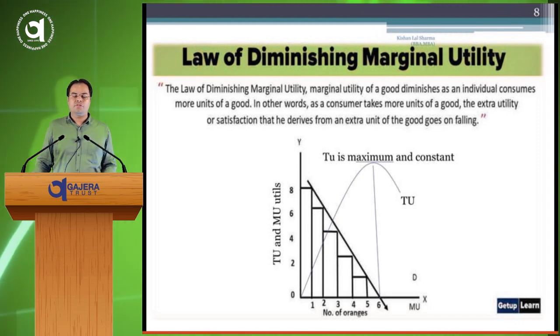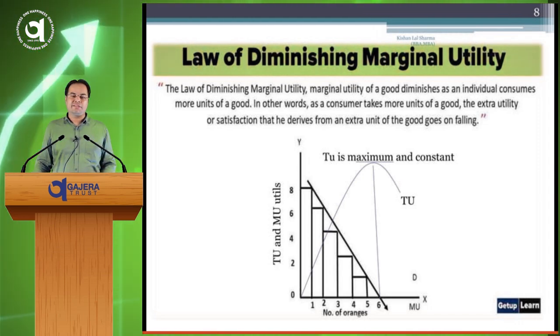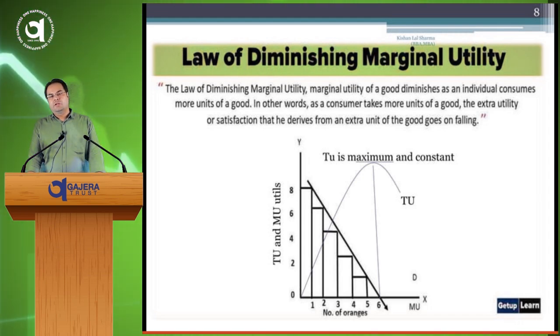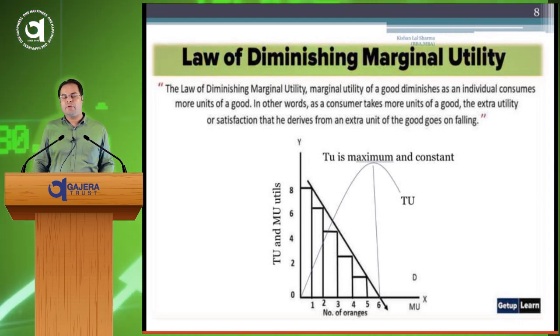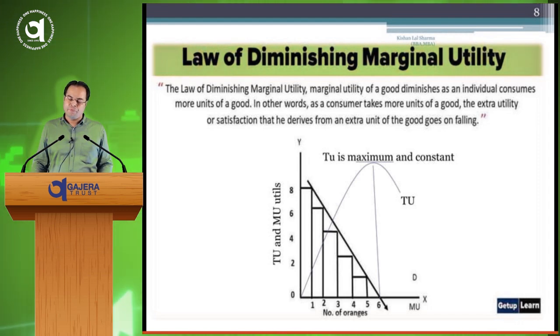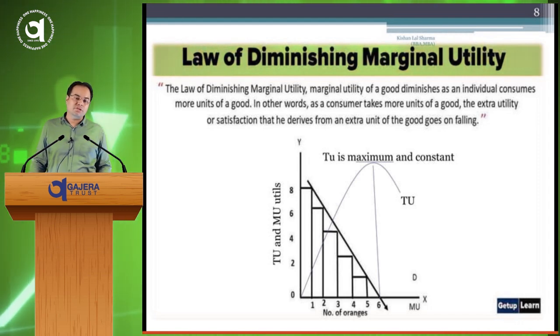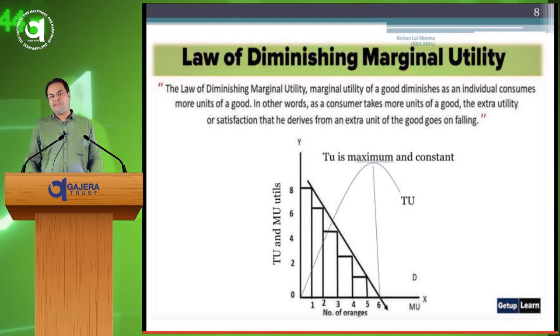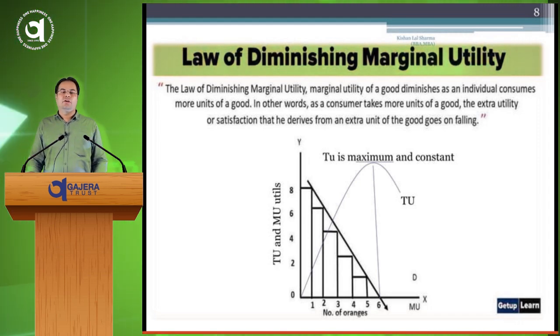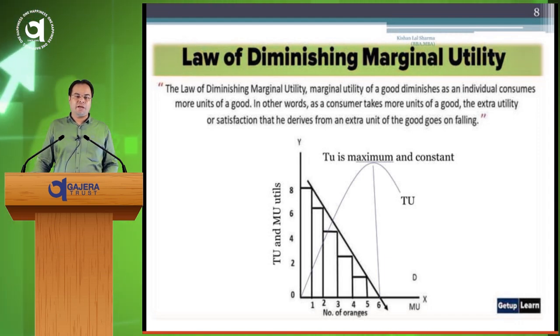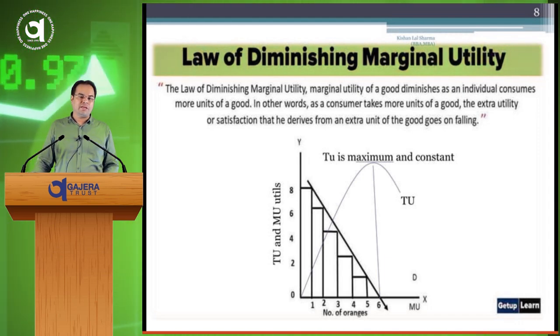All material things have some limitations, and after that limitation the product doesn't work. It may be a food item or any other gadget. After some years it may be useless or less useful. That's why total utility is maximum but constant, and the marginal utility starts diminishing.